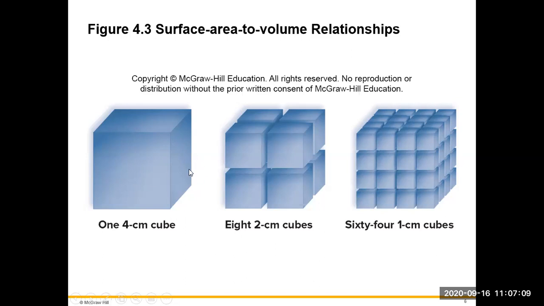So for this one, the surface area is smaller compared to, for example, this one. One simple way to see the difference is, let's say somebody asked you to paint all these. To paint this 1 by 4 centimeter cube, you just paint the 6 sides, and that's it.